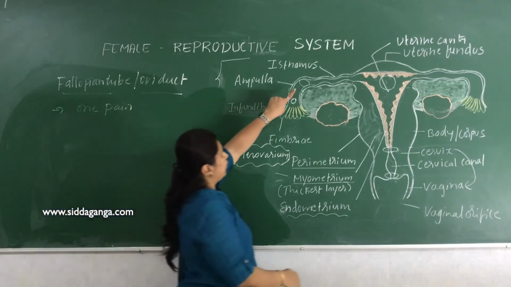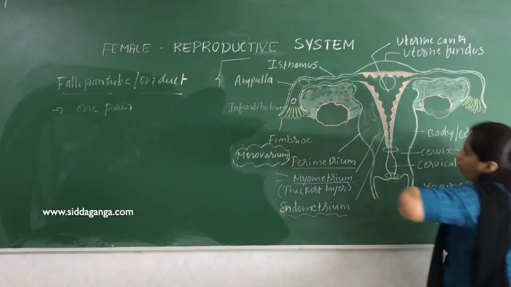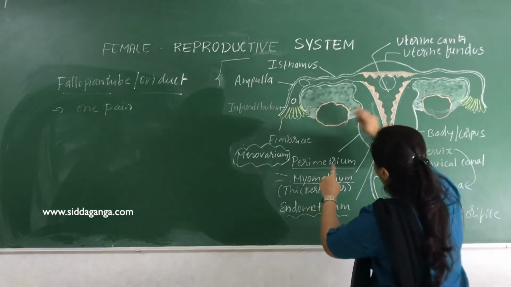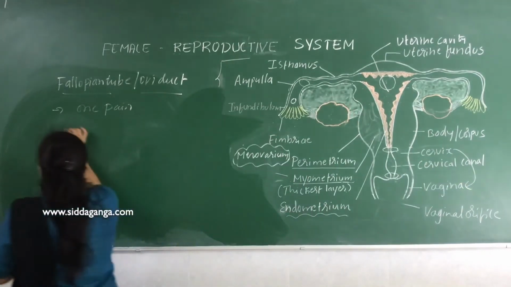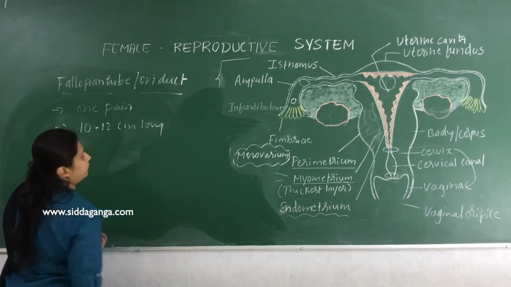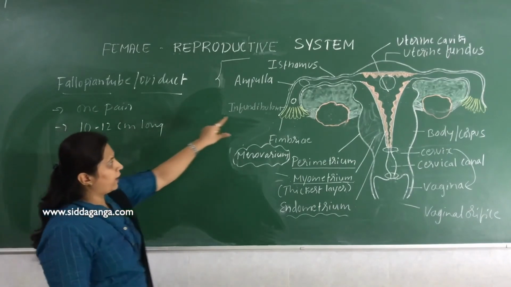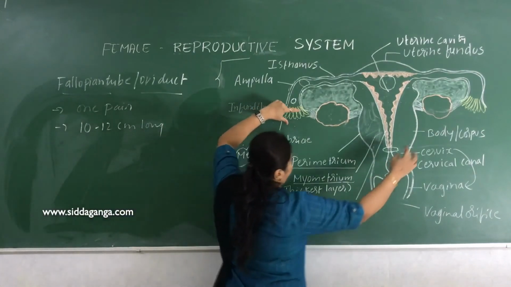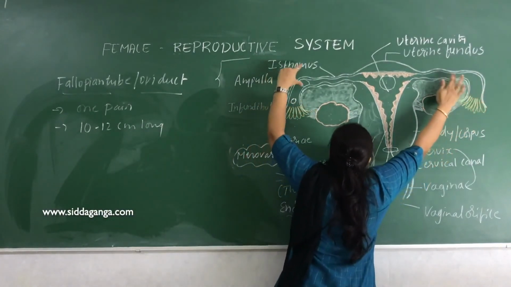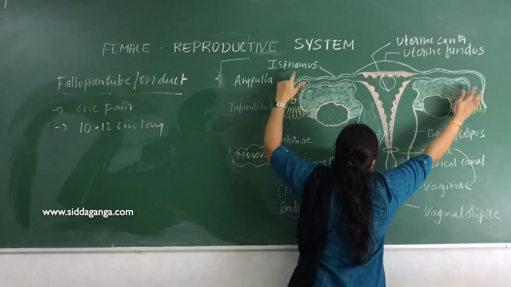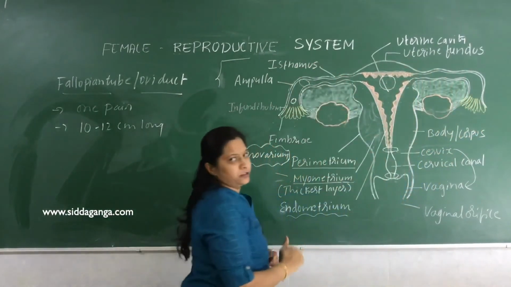So these two are the fallopian tubes or oviducts. They usually measure about 10 to 12 centimeter long, and both fallopian tubes arise from the periphery of the ovary and extend up to the uterus.